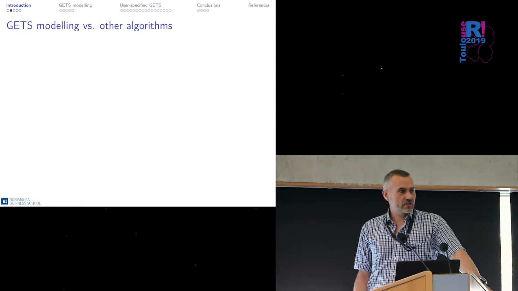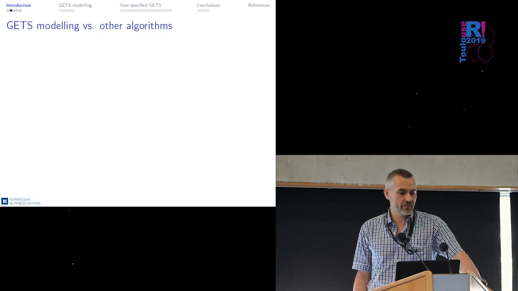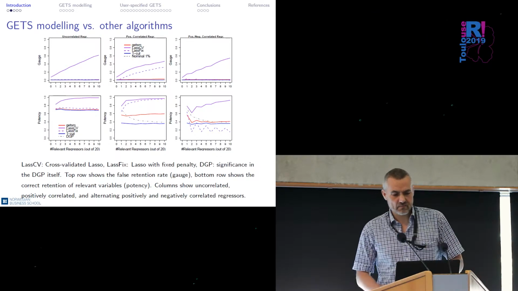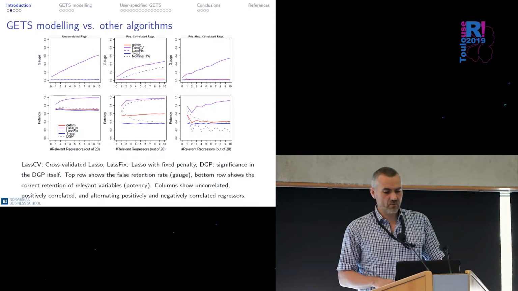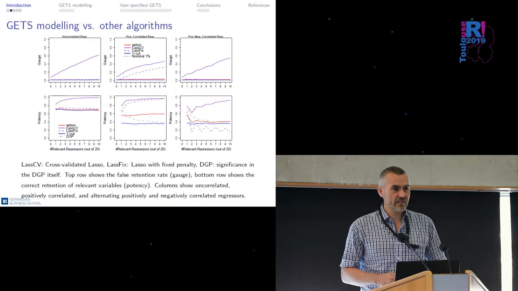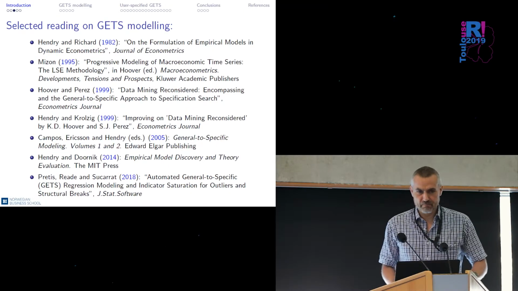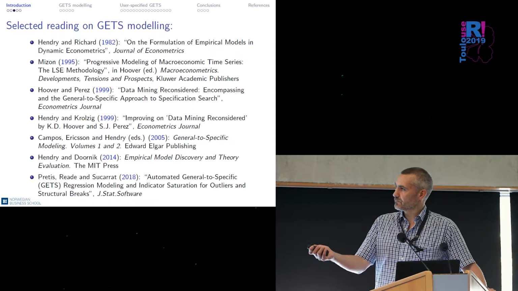Okay, so how does Gets modeling perform compared with other algorithms? And the answer to that question is very well. Here are some simulation results compared with some other well-known algorithms. I'm not going to present these results in detail. I'm just going to refer to our Journal of Statistical Software paper, which is cited at the bottom of this page here.